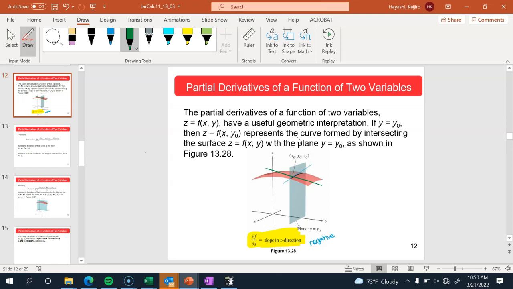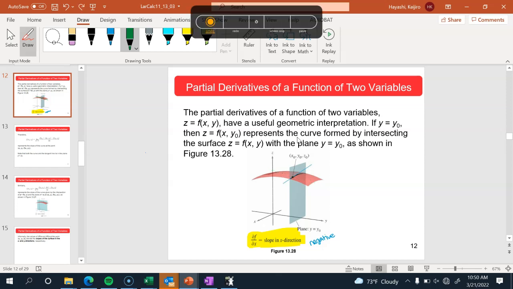It's also going down as y increases, if you only pay attention to y and assume x is constant. So in a way, a partial derivative is like limiting your view of a three-dimensional surface, assuming that one of your variables is constant and only looking at one variable at a time.